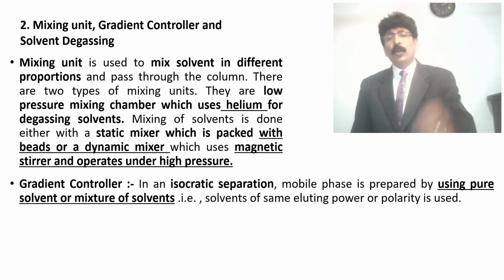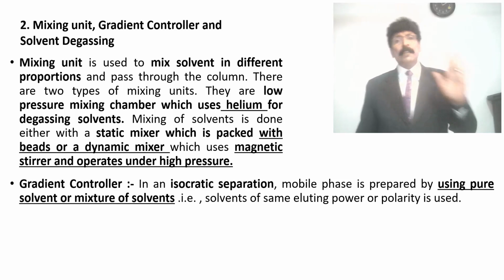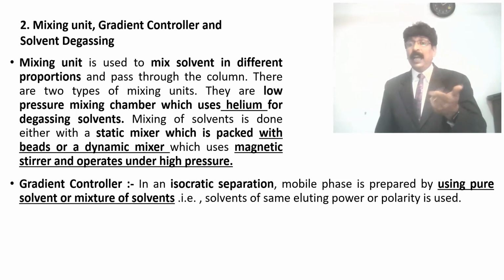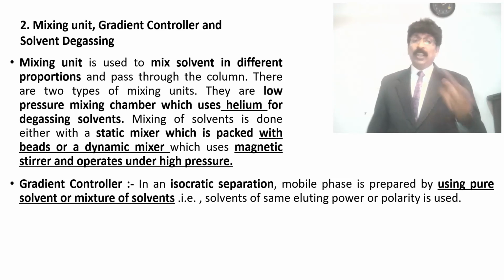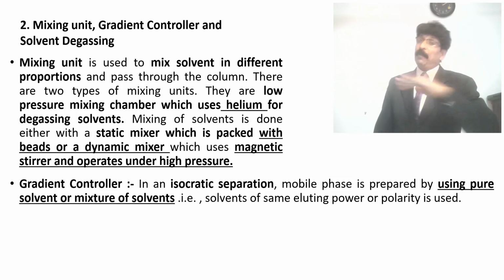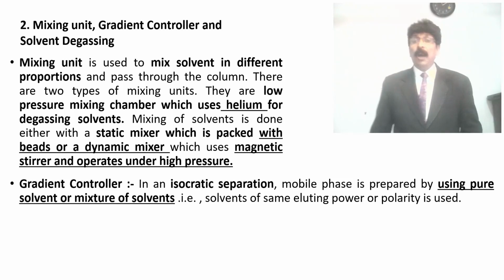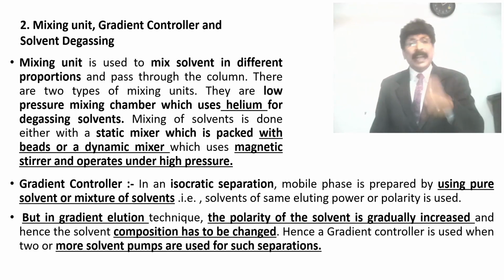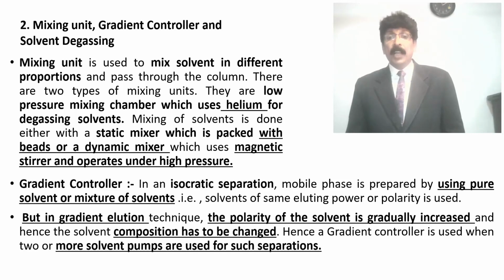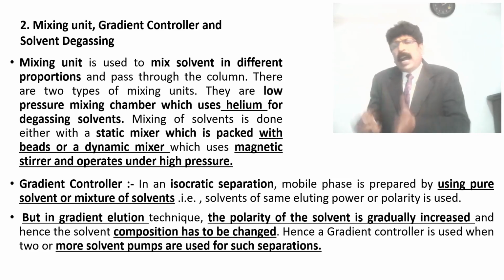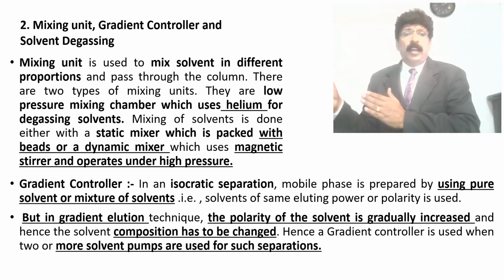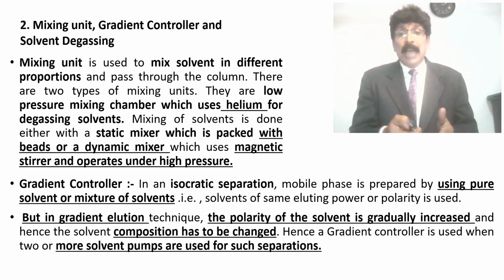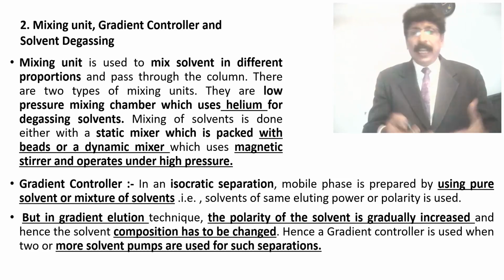Gradient controller. In isocratic separation, the mobile solvent is prepared using pure solvent or a mixture of solvents, that is, the solvent with the same eluting power or polarity is used. But in the gradient elution technique, the polarity of the solvent will be gradually increased, and hence the solvent composition has to be changed periodically.